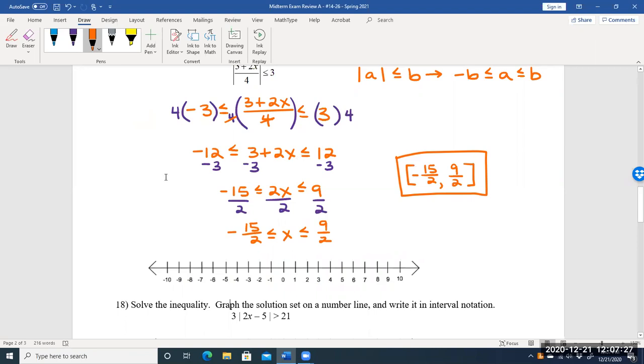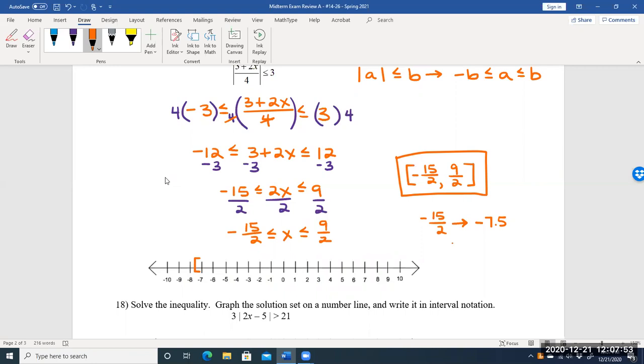To graph this, I think it would be helpful to turn these into decimals. So negative 15 over 2 is negative 7.5. To plot that on my number line here, it would be in between negative 7 and negative 8.